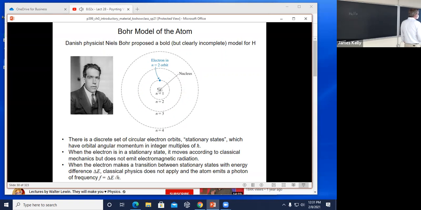The electron can't be in one of these intermediate states indefinitely, but what it can do is transition between, say, the n equals 4 stationary state and the n equals 2. And when it does, it emits a photon. It emits some radiation, and the radiation frequency corresponds to the energy difference between those two states. I know I'm telling you things you've heard many times before, right?